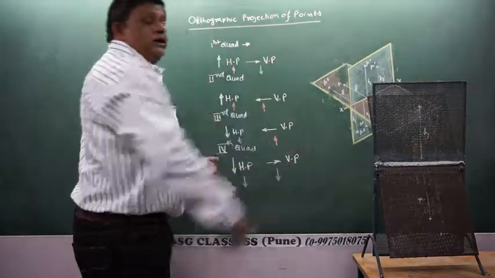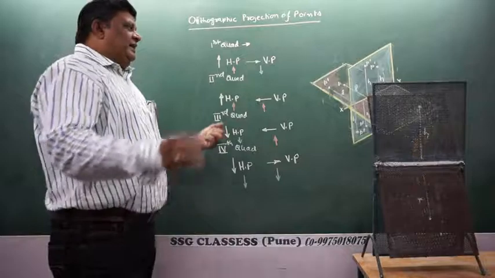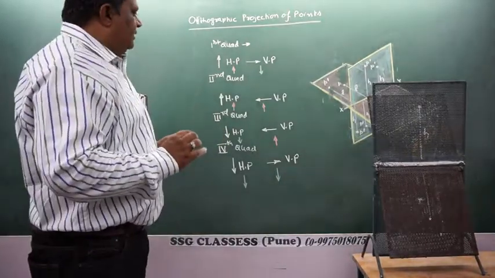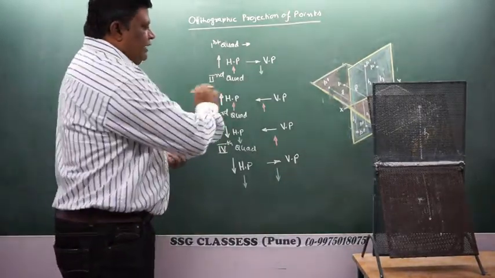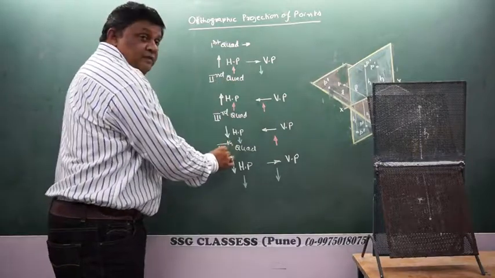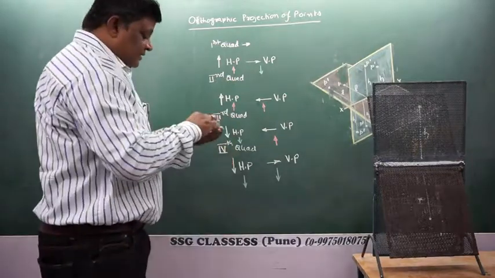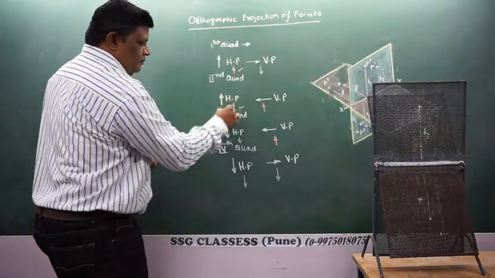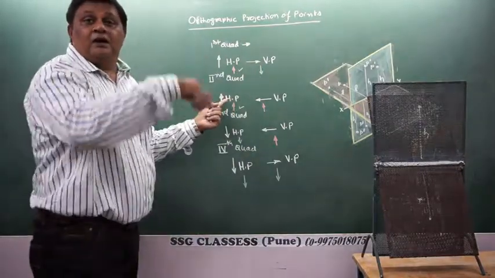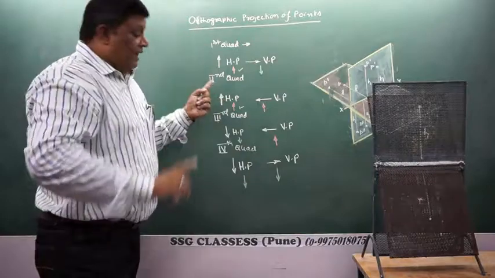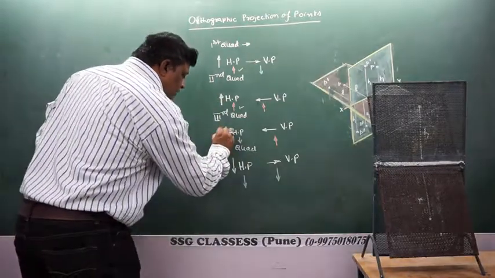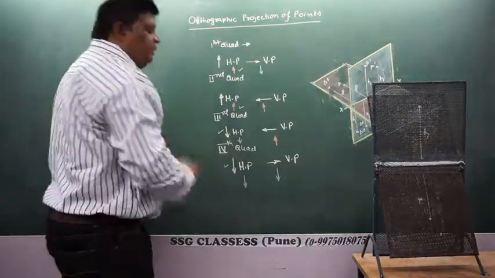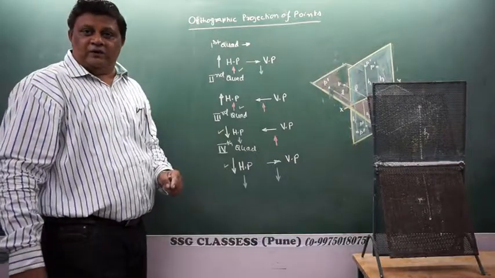below XY line. Now I can simply conclude one thing: let it be any quadrant, first, second, third or fourth, any distance which is above HP is seen to me above XY line. Any distance which is below HP is seen to me below XY line.